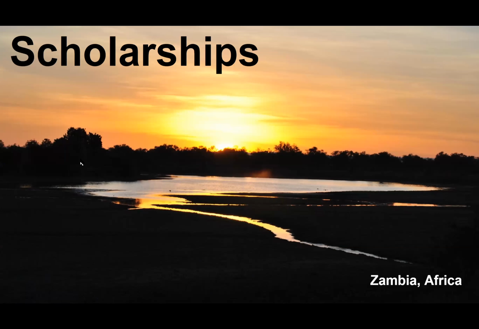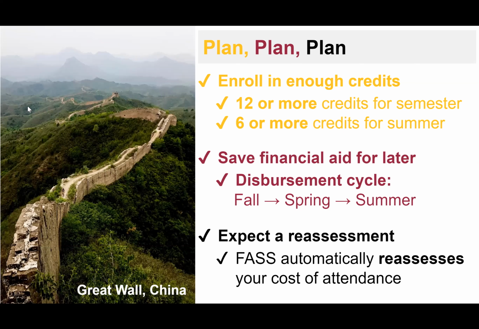Yeah, I do have a question. If you go back to the last slide, that last bullet point, you said that financial aid reassesses based off your cost of attendance when abroad. Is that beyond just how many credits you enroll in, or is that because you're in a different country?